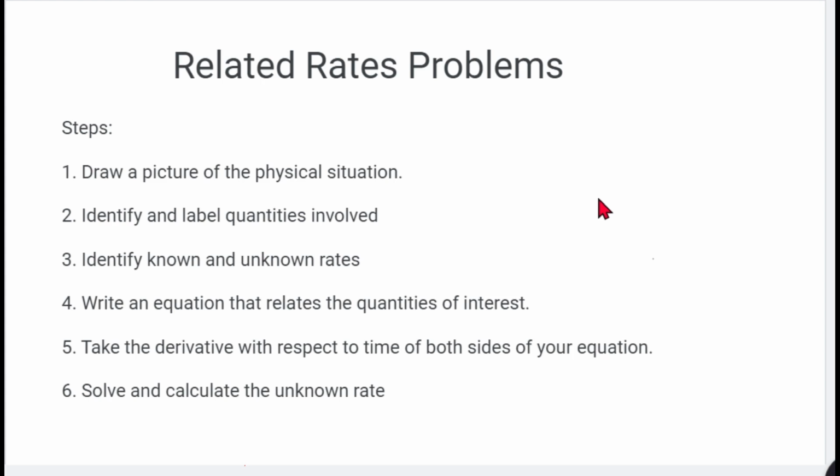All right. And next, step 4, look at your picture and see how those quantities are related. You need to establish an equation so that you can eventually solve for the unknown rate.